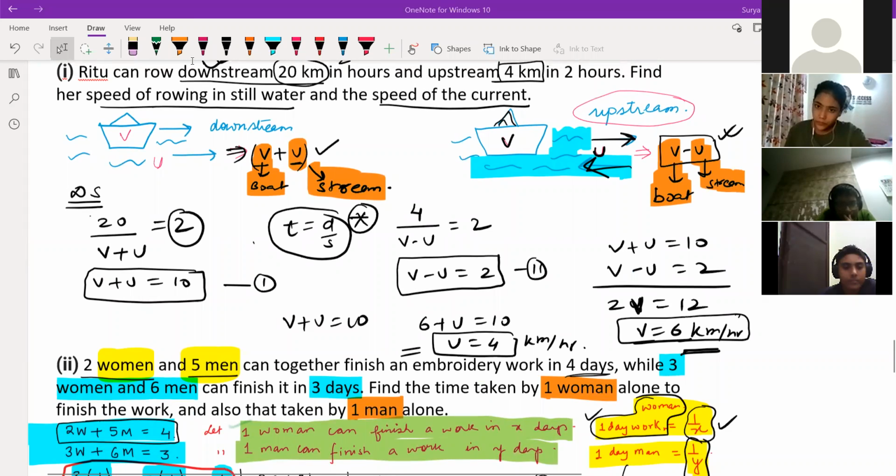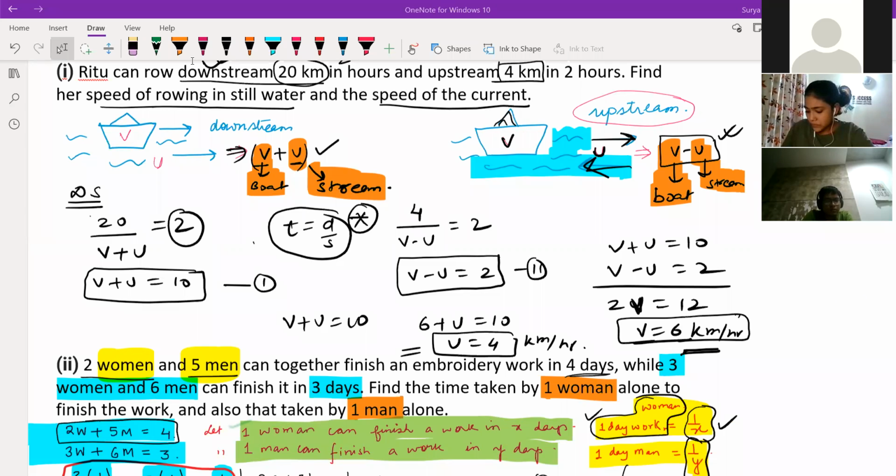Sir, I got X as 18 days and Y as 36 days. Yeah, anyone else? Sir, same, sir. Okay, Sai Ritvik, you?